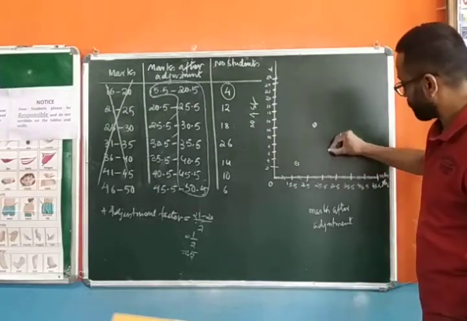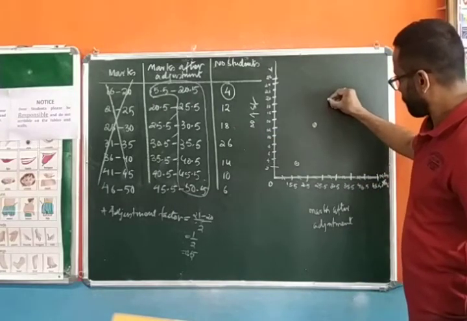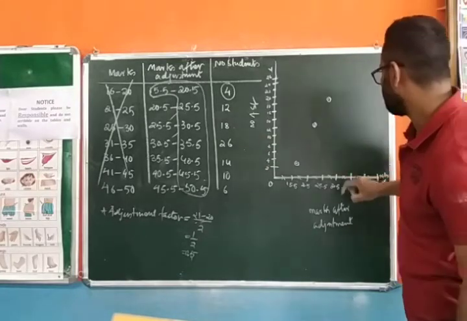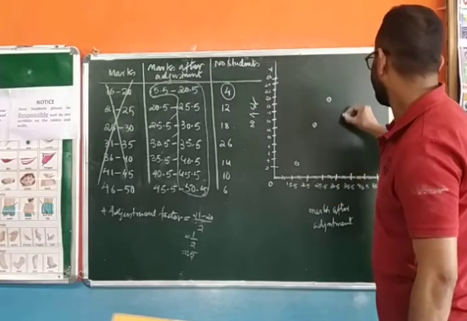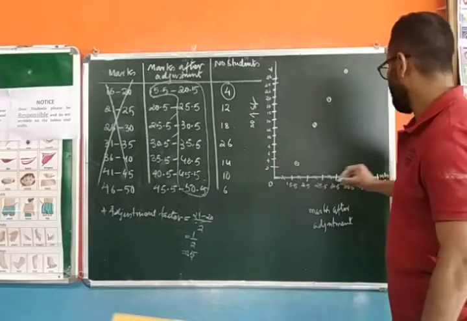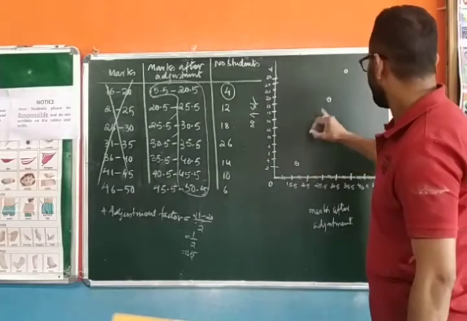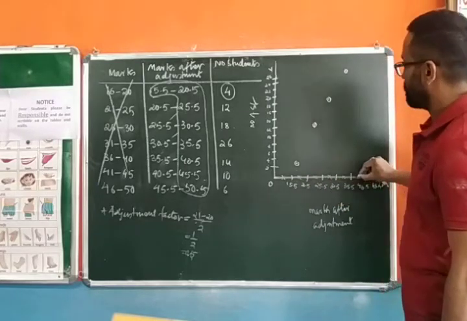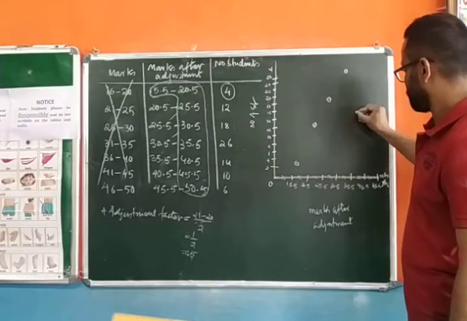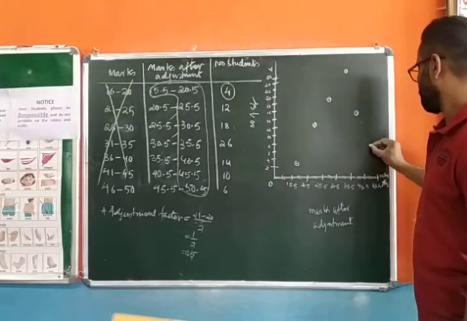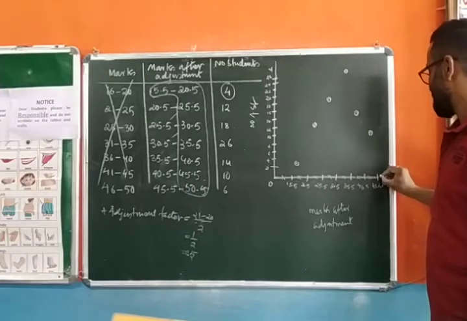Then 18, then 26. Then you have 14, 10 and 6.